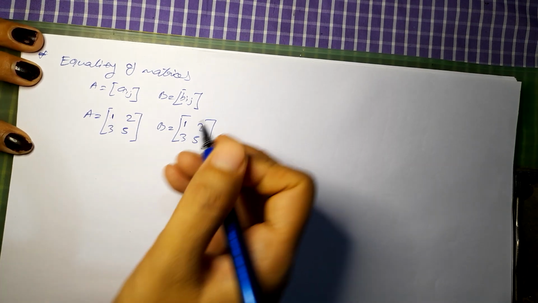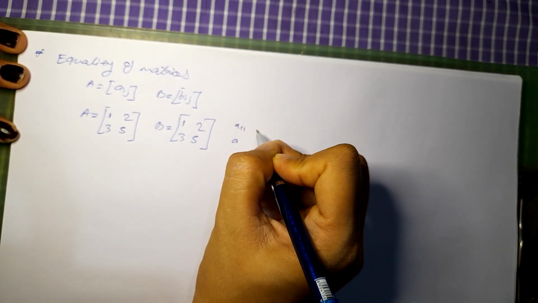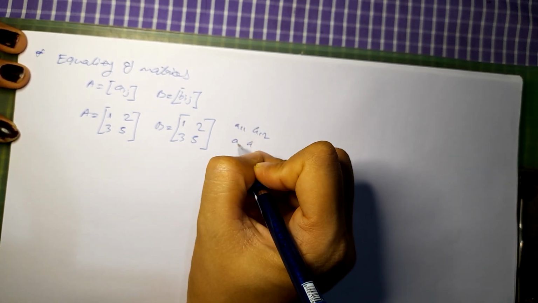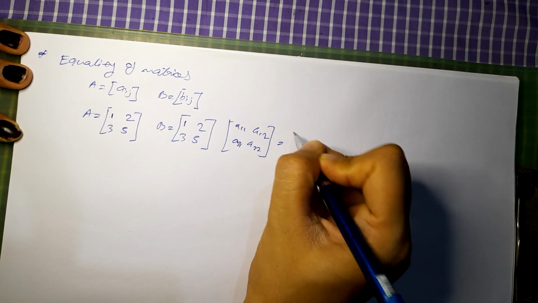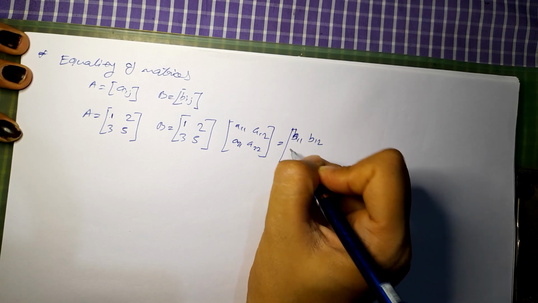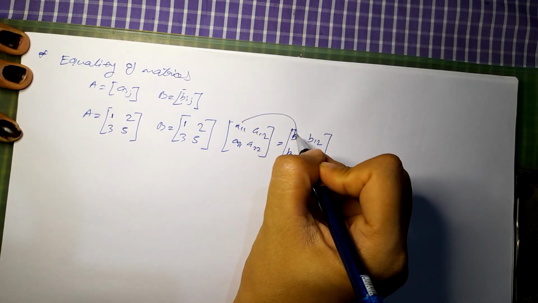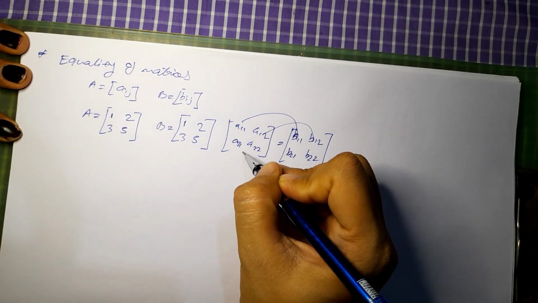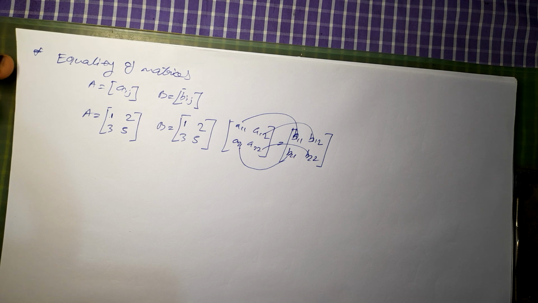This is A11, A12, A21, A22, and for B, B11, B12, B21, B22. They have to be equal: this and this position equal, this and this position, along with the positions below, they have to be equal.